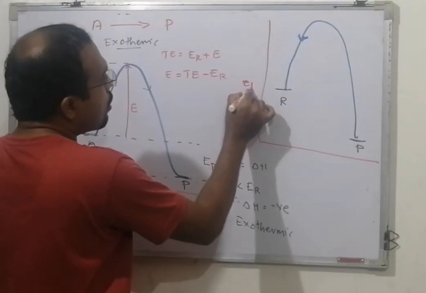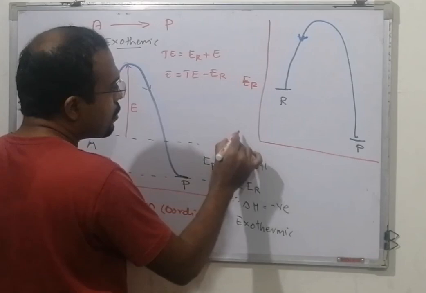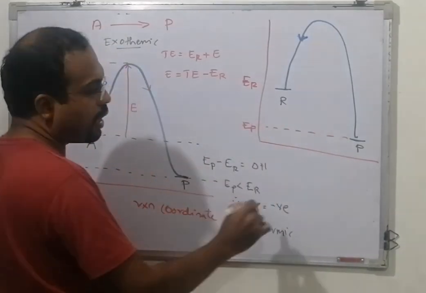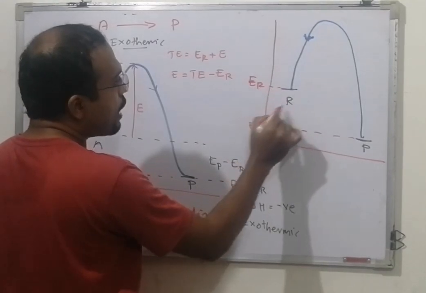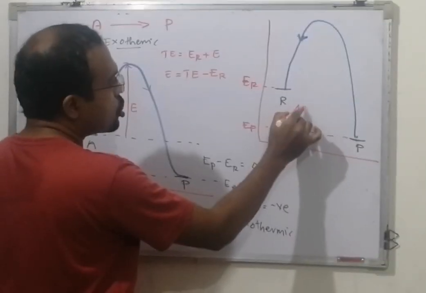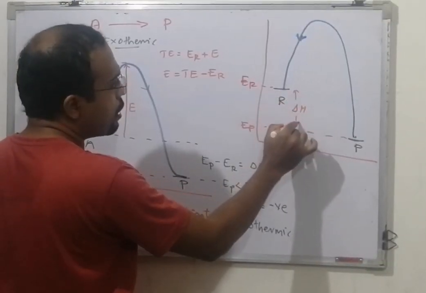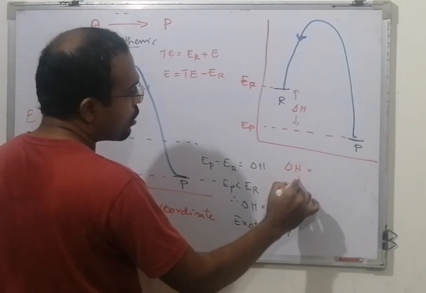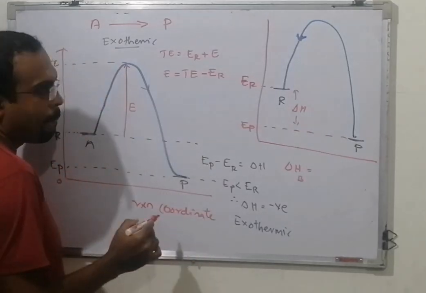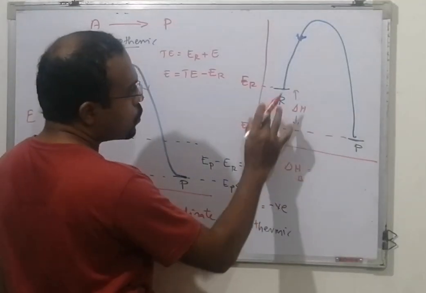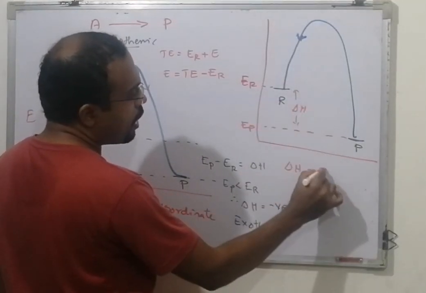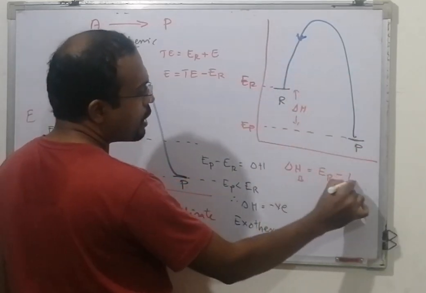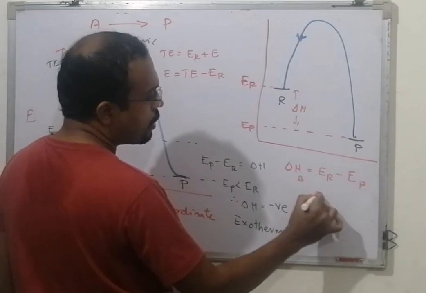This is ER, energy of R. This is energy of P. For the time being, this is the reactant. And this gap is delta H. What is delta H here? This is backward, delta H backward, B, is equal to ER, please write ER first, because the final change is towards R. Final minus initial: ER minus EP, that is positive.